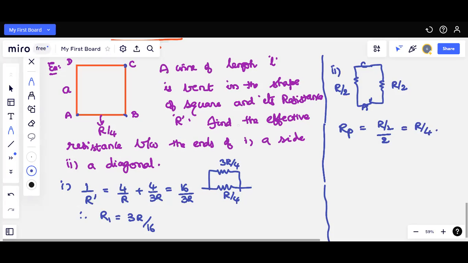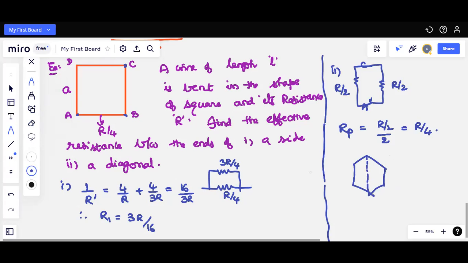This is in case you are expecting only the square. But I say, suppose the same wire is bent in the shape of a hexagon. To get a diagonal, we need an even number of sides: 1 2 3 4 5 6, then only you can produce the diagonal.